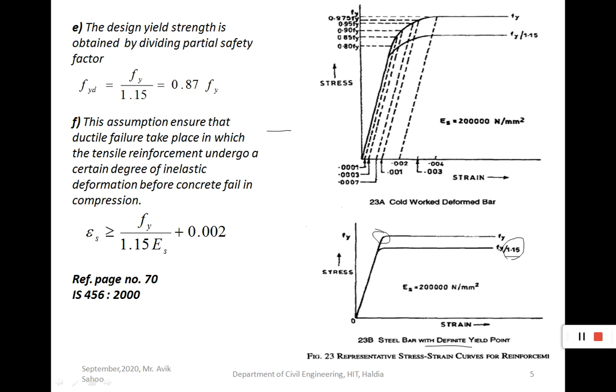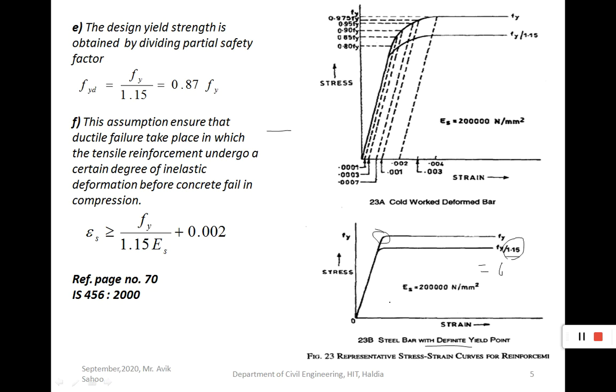So Fy by 1.15, which is equal to 0.87 Fy. That is called the design yield stress, where Y means yield and D means design, obtained by dividing by the partial safety factor. Because in the limit state method, the partial factor of safety for material as well as for load are considered.